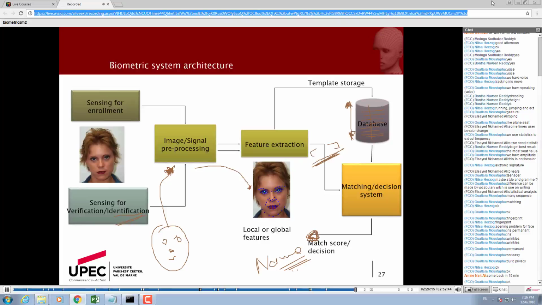And at the end, what will be the output? In identification, it's someone, the name of someone. This is the final decision. In identification, the output shouldn't be yes or no. It should be the name of someone, because we identify someone.